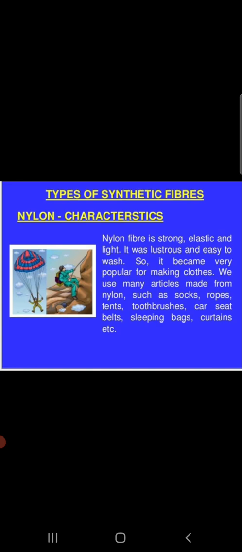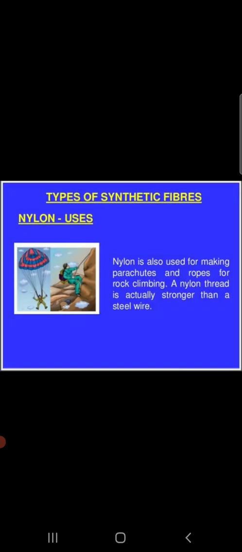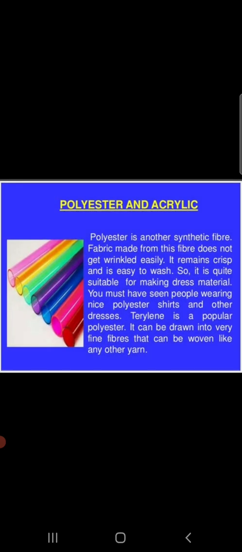Yes. Now moving on to the next synthetic fiber we have, that is polyester. Polyester is a synthetic fiber which is wrinkle resistant, and it is strong, lightweight, and elastic. Clothes made from polyester fabrics wash excellently and they require minimum care.